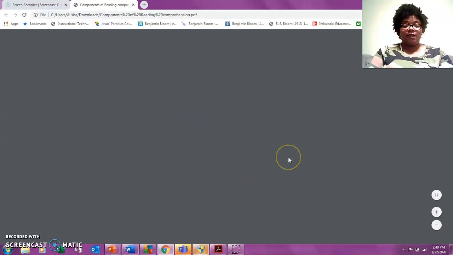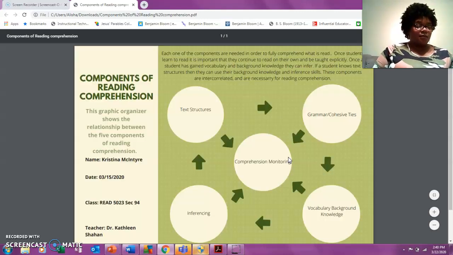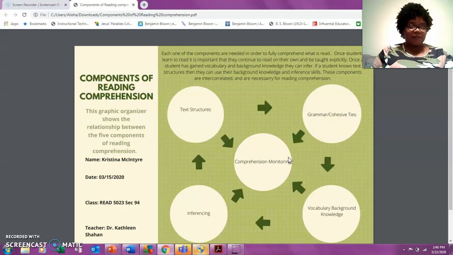While it's loading, I just want to mention that comprehension monitoring is where we want all our students to start off. We want them to be able to look at a text and reflect on their own understanding.